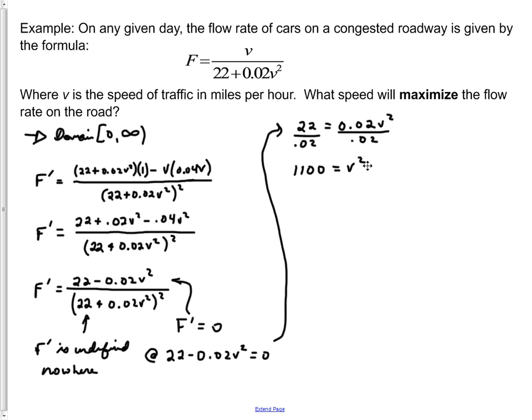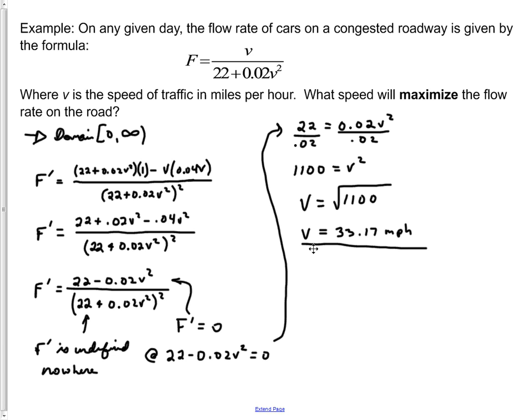So what we should do is get out our handy dandy calculator. We can only use positive roots, so we're just going to take the positive root of 1100, and we're going to have to approximate right here. So I'm going to approximate this to the nearest hundredth of a mile per hour, and if I work that out, v will be equal to 33.17 miles per hour.